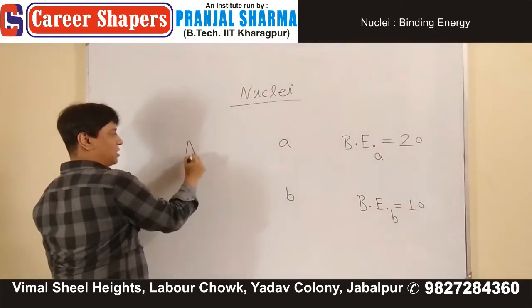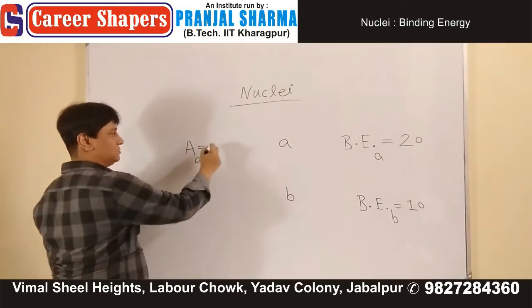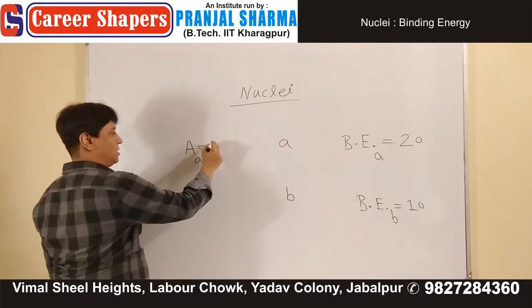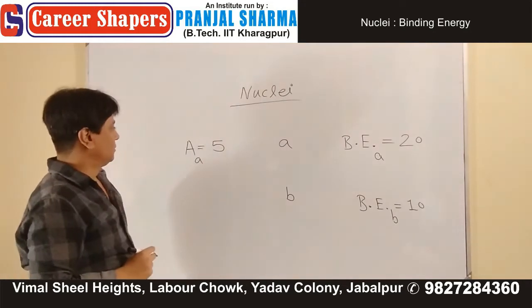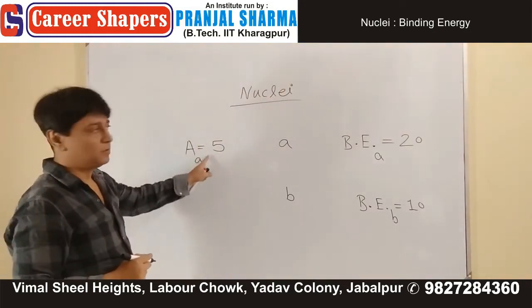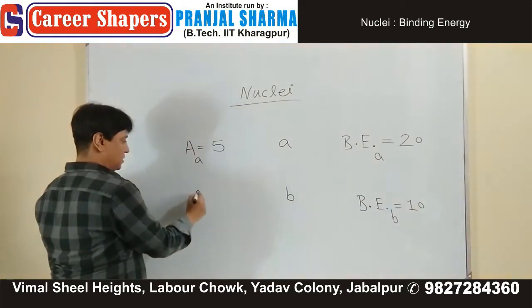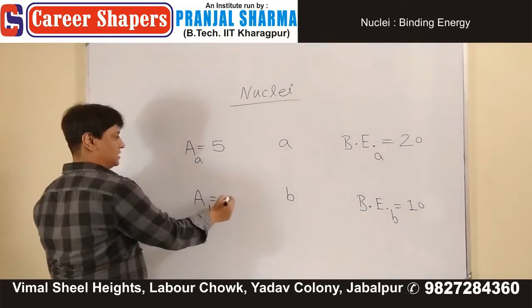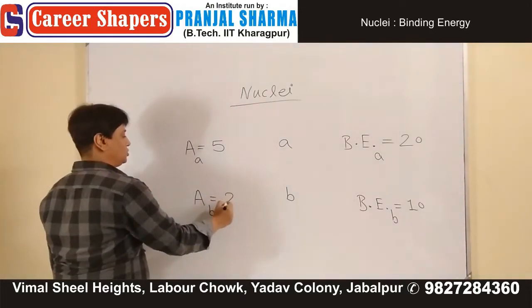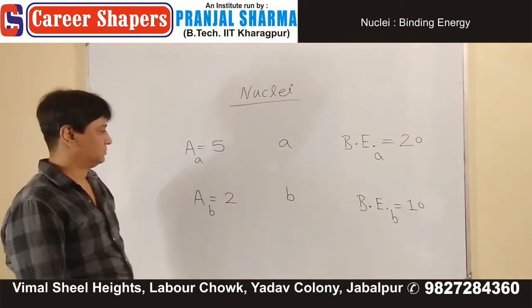The mass number of A is 5, total number of nucleons is 5 for A, and mass number for B is 2.